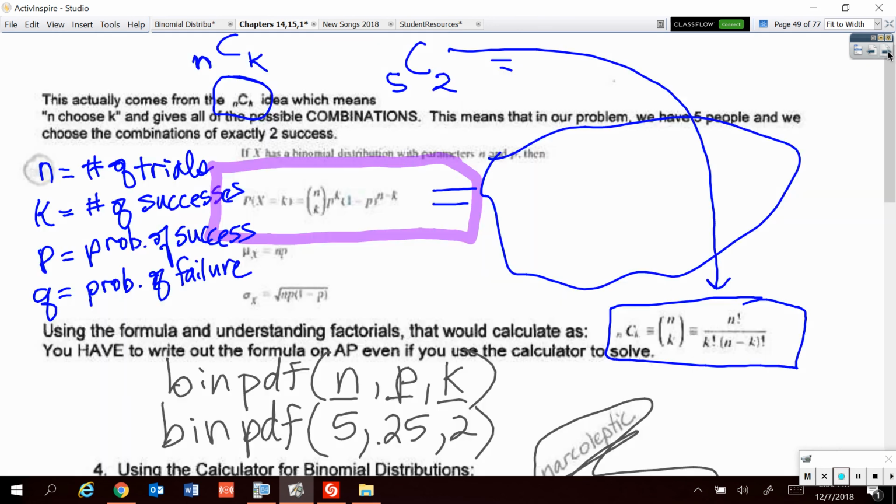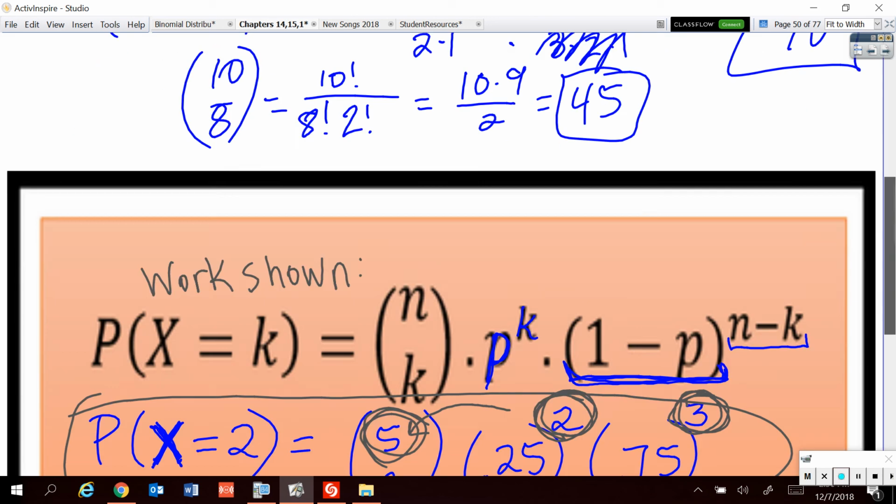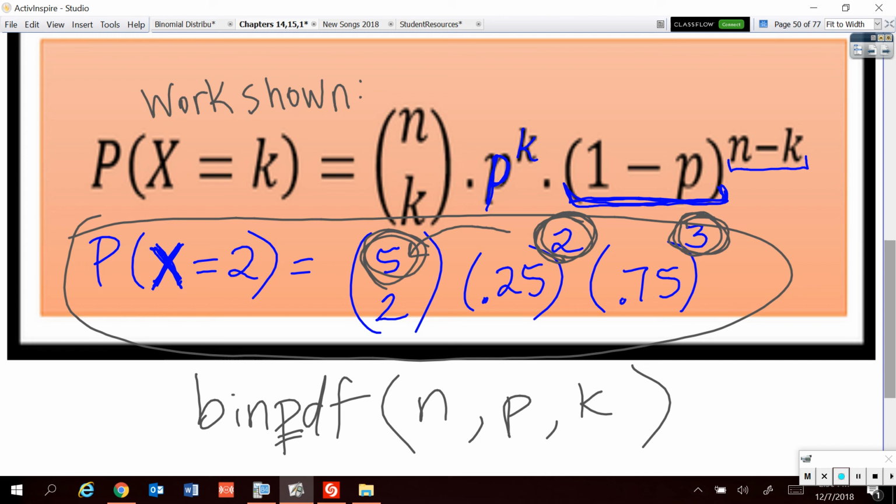We went through it, but you really won't ever need that. You just need to know that it's there. And we finally identified exactly how to fill in the formula because that's the work. We don't want to be afraid of that formula. The formula is your friend. It shows you everything. And we shortcut it with the calculator. That's it. So that is how you do probabilities of binomial distributions.